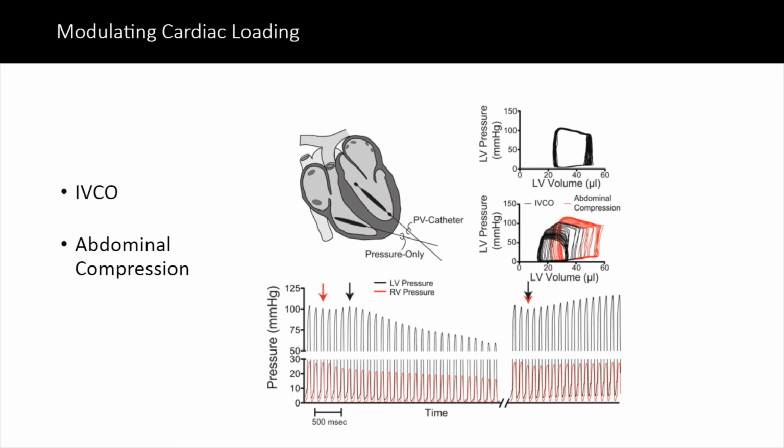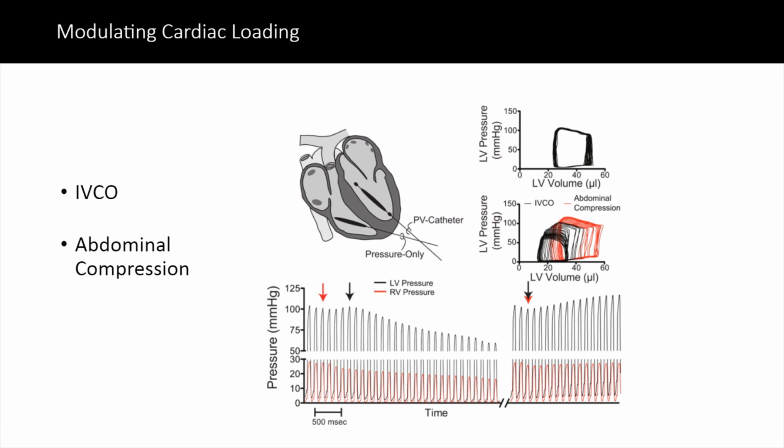So one way to think about pressure volume loops, or think about preload, is to look at the two ventricles simultaneously. And that's what we've done here in this lower tracing. So in red, we have the RV pressure. We put a pressure catheter within the RV, and simultaneously we had a catheter in the LV.